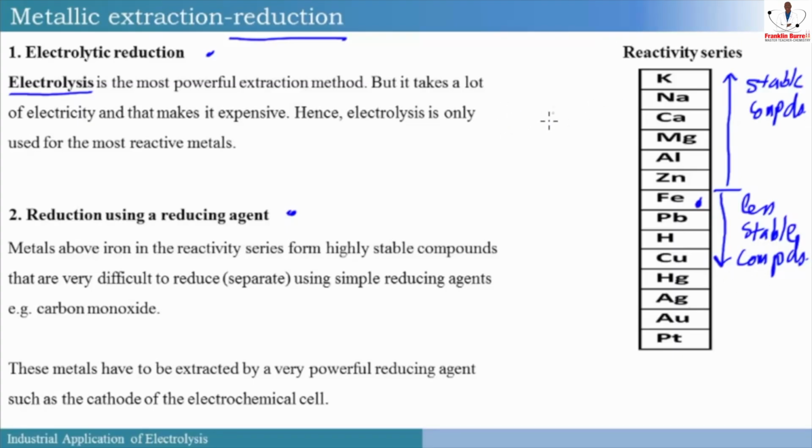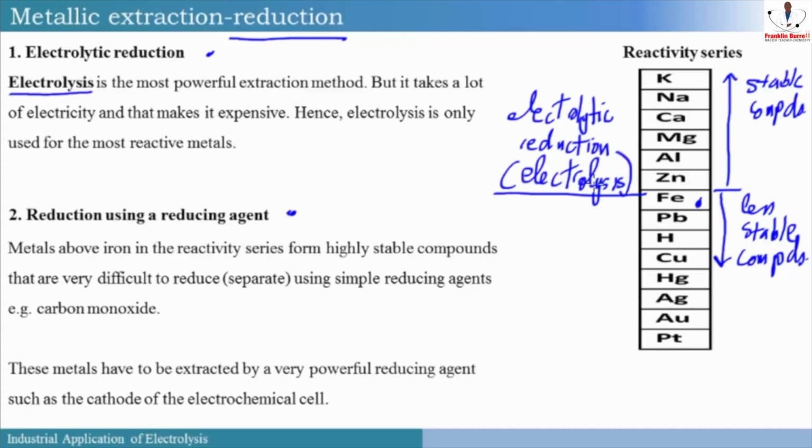So the process used to separate those that are above iron is electrolytic reduction, which is really electrolysis, where you'll have your cathode and your anode, and your metal compound would be molten or aqueous, and that will be your electrolyte, which the metal, being positive, will move towards the cathode.